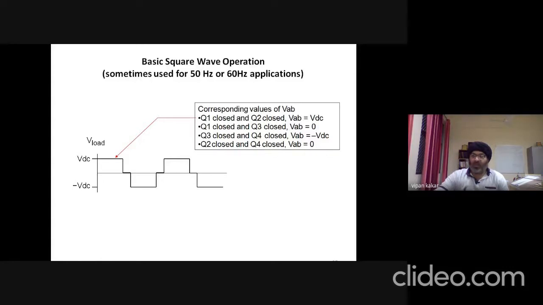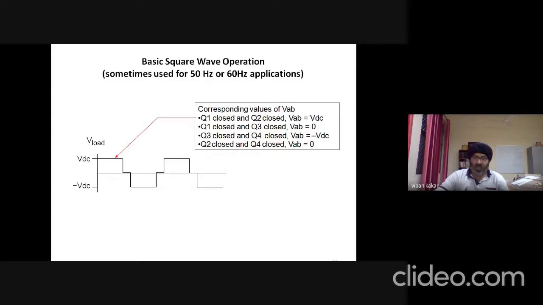So the load voltage or the output voltage across A and B is equal to VDC, which is the same as supply voltage Vs. And when Q1 and Q3 are closed, output is 0. We saw that in the previous circuit. When Q3 and Q4, the other pair, is on, then we have the negative of the supply voltage, shown by the blue arrows showing us the direction of the flow of the current. And when Q2 and Q4 are closed, output is 0.